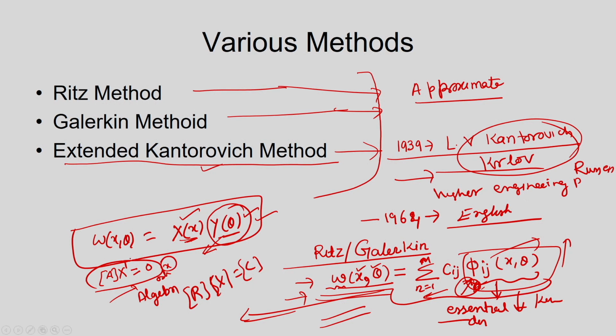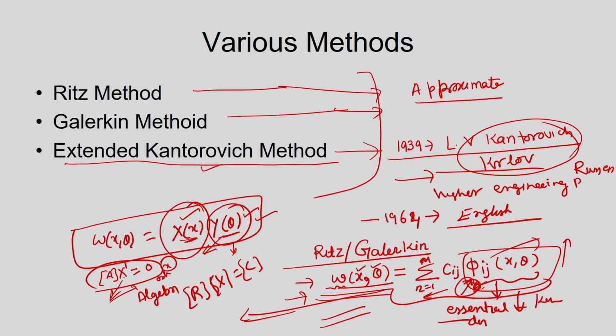This differential equation is solved exactly, subject to the boundary conditions. In this way, the solution along the x direction is dependent on only one direction, whereas in the previous case the initial guess depended on both x and theta.